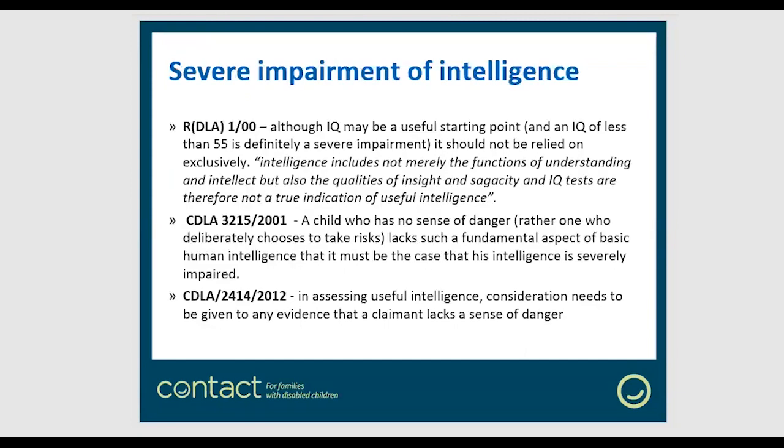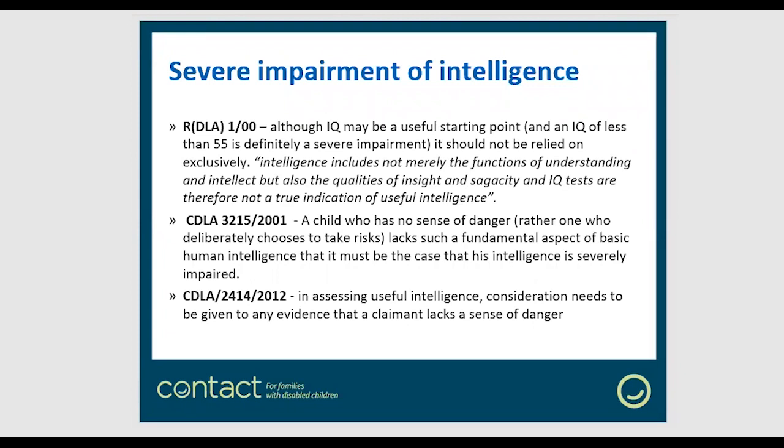So in terms of severe impairment of intelligence, we see quite a lot of decisions where the DWP will pick statements from educational reports, take them out of context and try and argue that they're an indicator that the child's intelligence is not impaired.